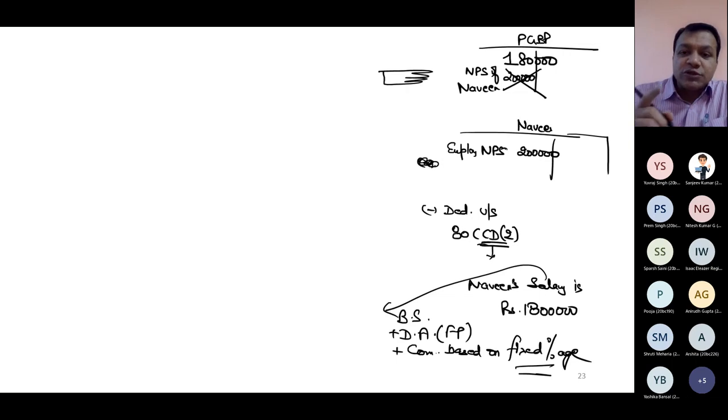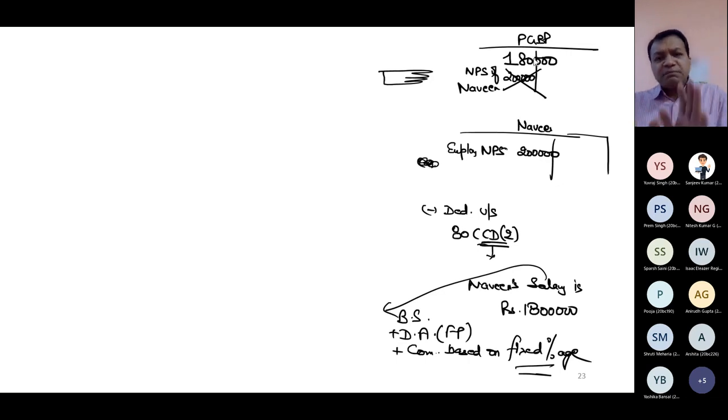This is the point which you need to remember. Though the employer has given me 2 lakh rupees, the maximum that the employer can debit is 1,80,000, because in PGBP, the employer's contribution towards NPS of the employees is allowed as deduction, but up to 10% of salary. Please raise your hand if the concept is clear.